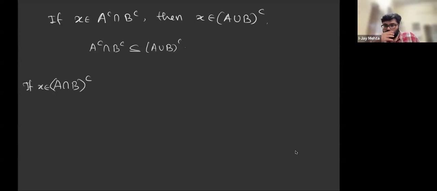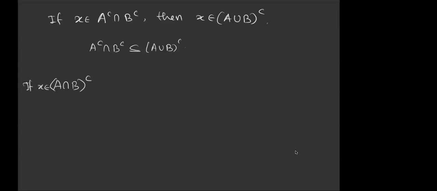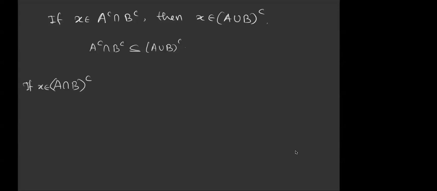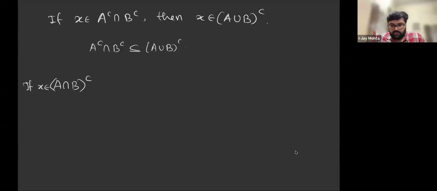Yes, Vishal? If X is in the A intersection B complement, then X does not belong to A and X does not belong to B. It means that, next step. What is this immediate step? If it is a complement, then where is it?